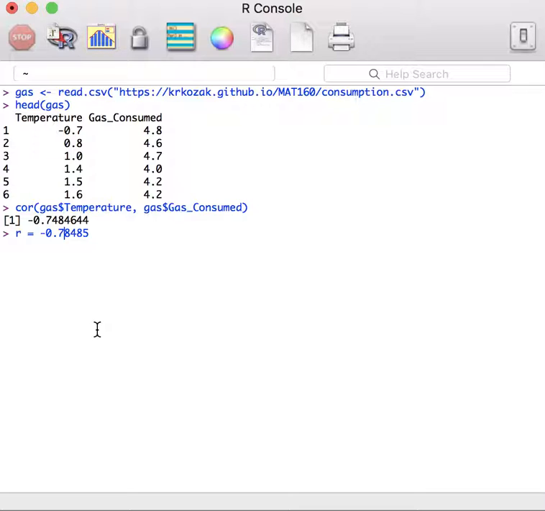So strong is closer to 0.9. So this one might be moderate. So I would call this a negative moderate strength. And that's all there is to finding the correlation coefficient.